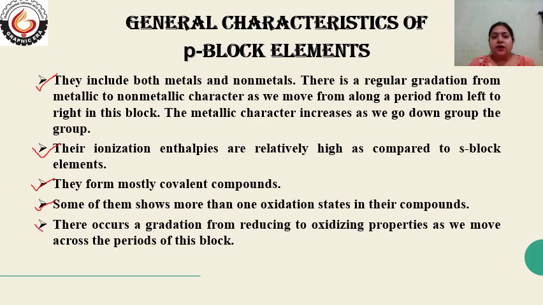Next, there occurs a gradation from reducing to oxidizing properties as we move across the periods of this block. Initially, there are more reducing characters, and as we move forward to the right side, the oxidizing property increases, like oxygen is having better oxidizing properties.